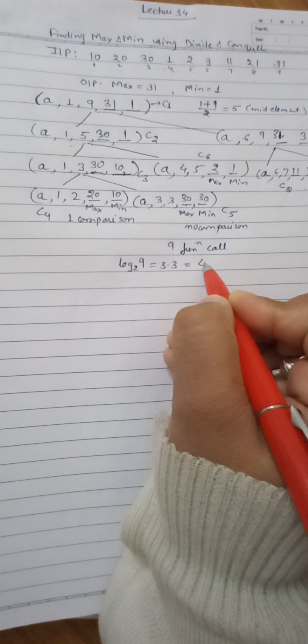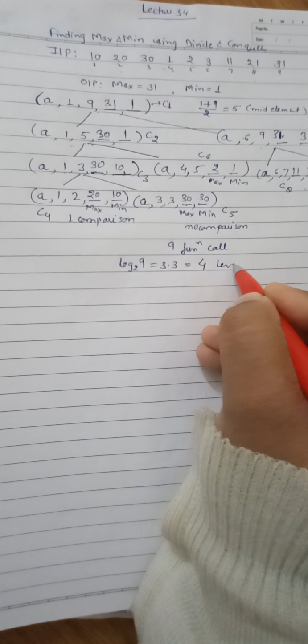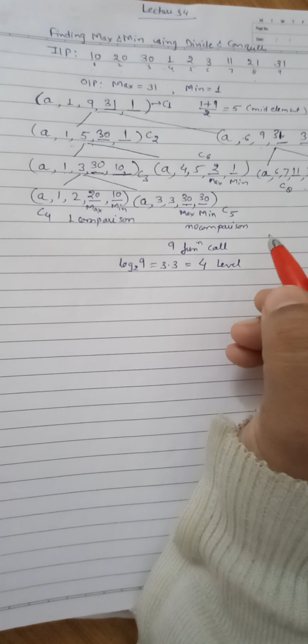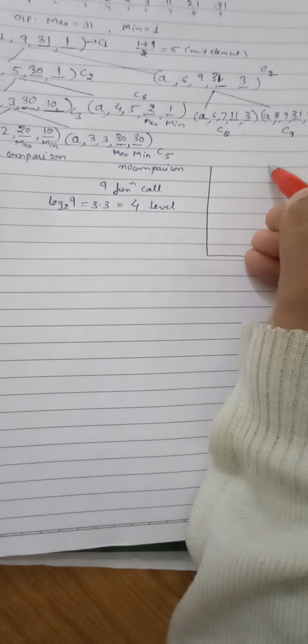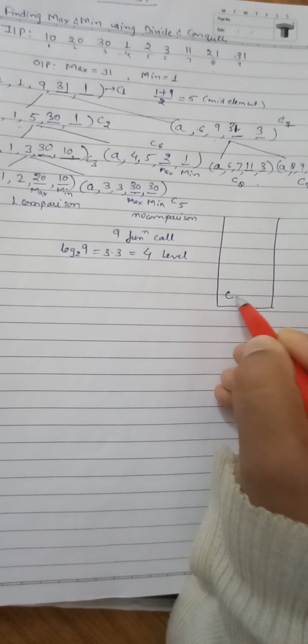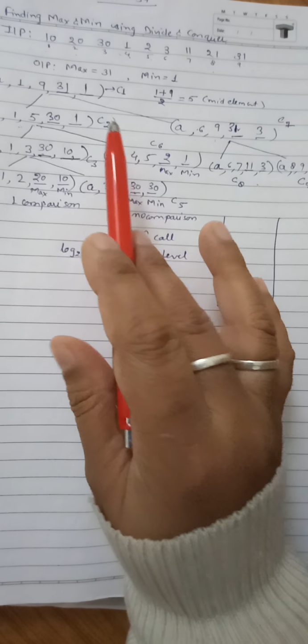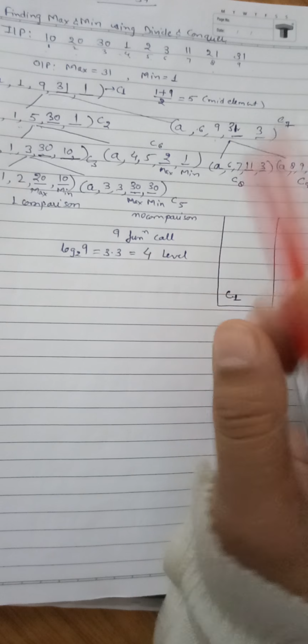So we can say up to 4 levels, 4 stacks are required. How? Let's understand it. First we call c1. After that, what do we call? c2 and c7.